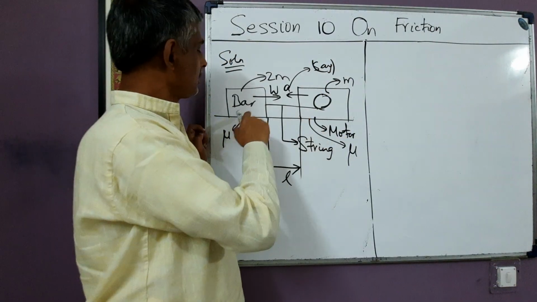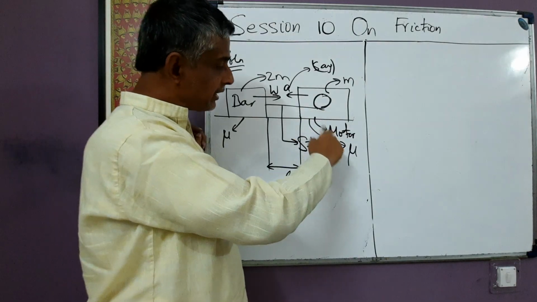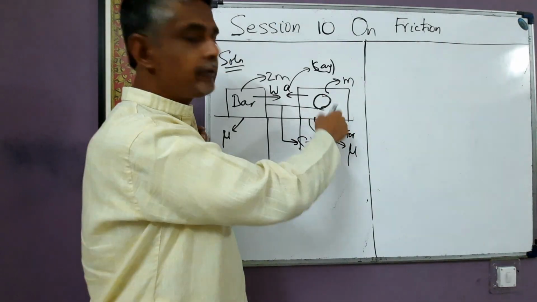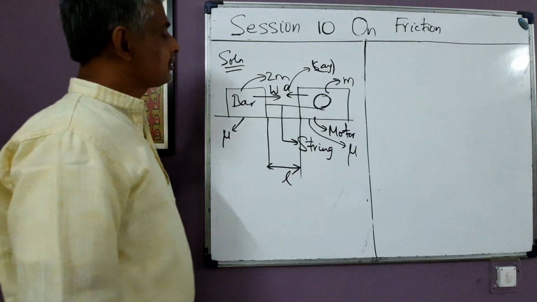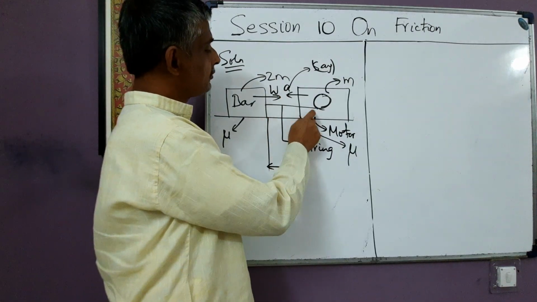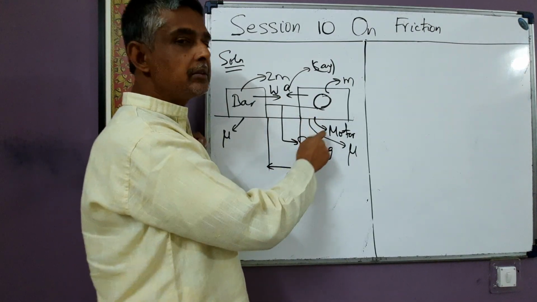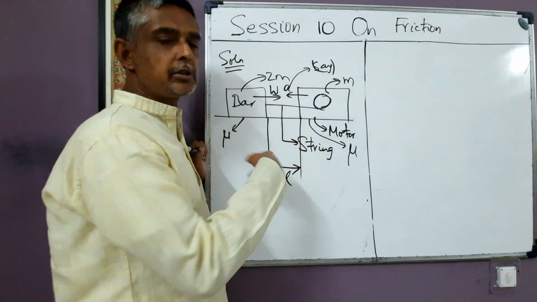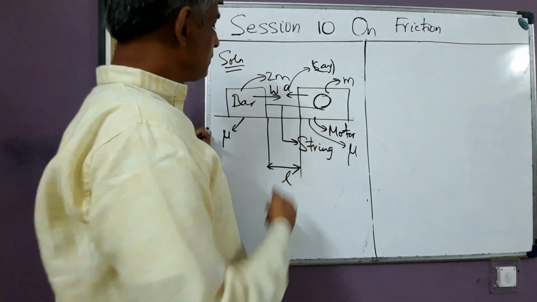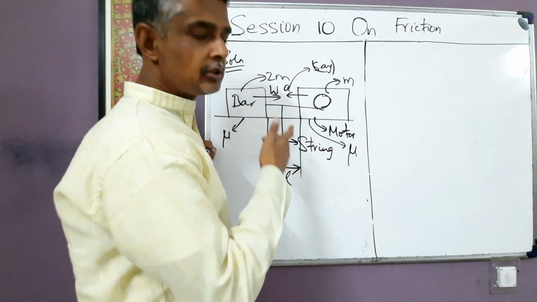Both will move. So first we should find the acceleration of the block containing the motor and battery. Most probably it will turn out to be a constant value. Then you will use the formula ut plus half at square to get the solution.